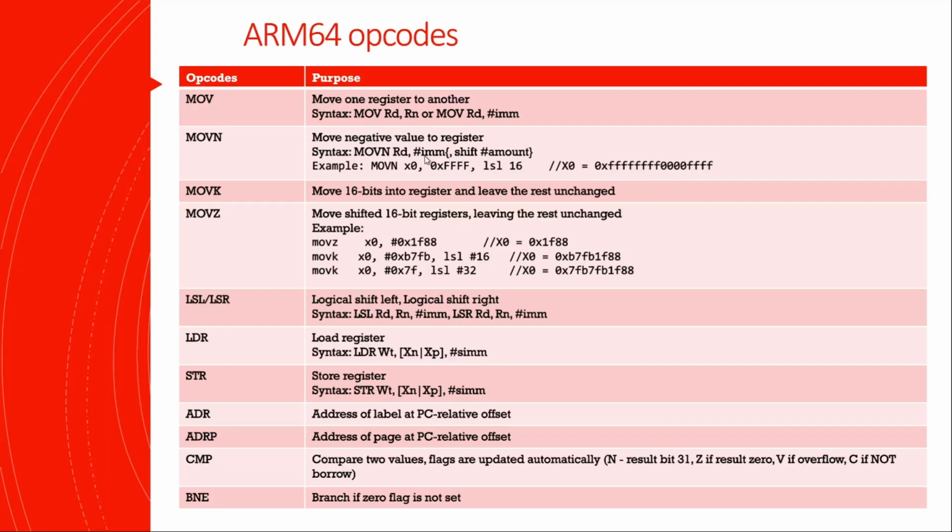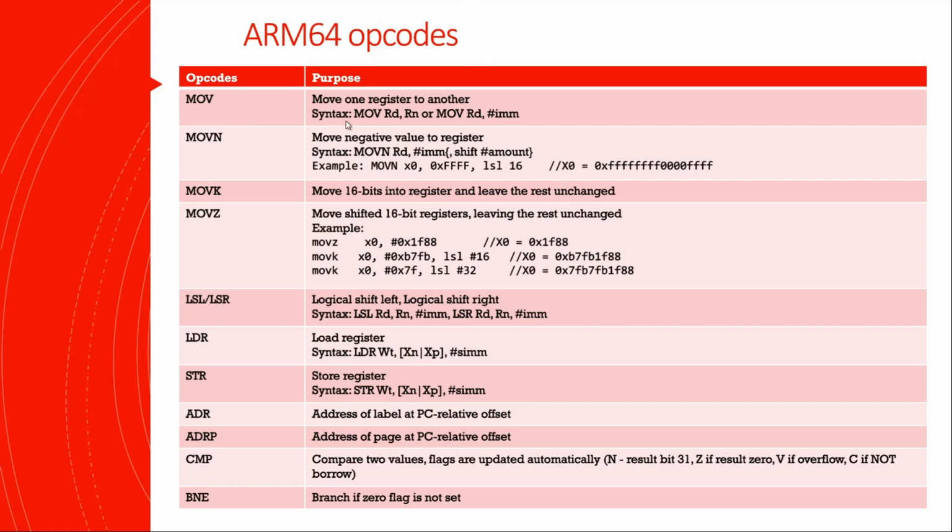Then we have ARM64 opcodes. So here I have tried to show you the opcodes which you will encounter frequently during your pen testing or reverse engineering exercises. The first one is the move instruction. This instruction copies the value in a source register to the destination register.